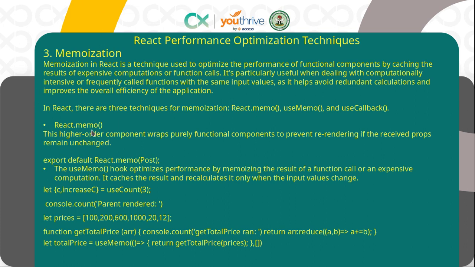Use the memo. Now remember, I mentioned earlier in our class that when a useState gets updated, it causes a re-rendering. Now that re-rendering is React's way of updating the exact portion of the page that was updated.